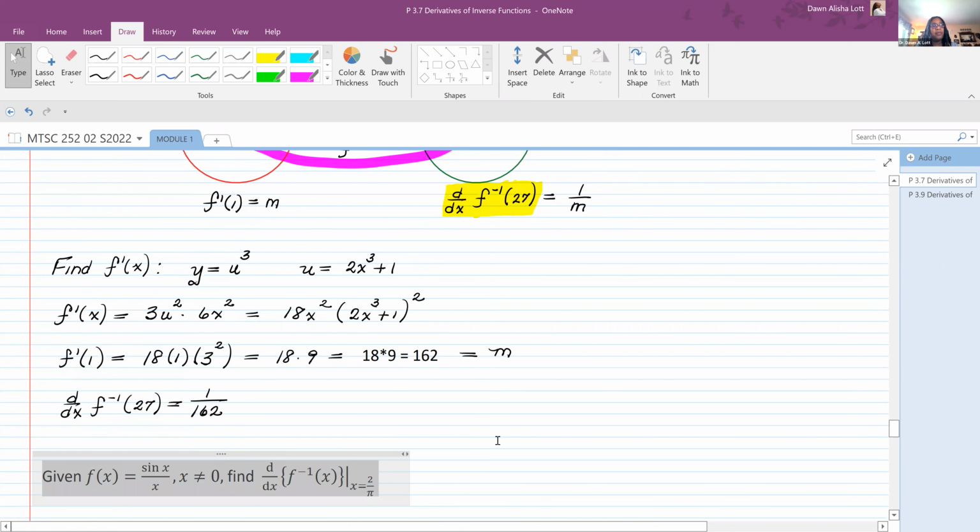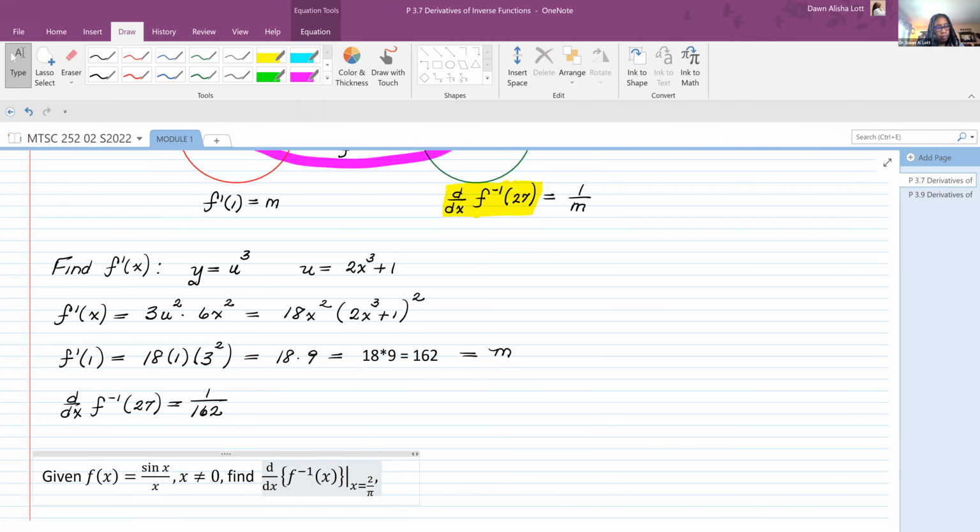Given f of x is the sine of x over x, we know that x is not equal to 0. Oh, I need to give you an interval.